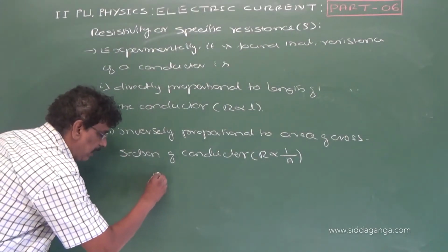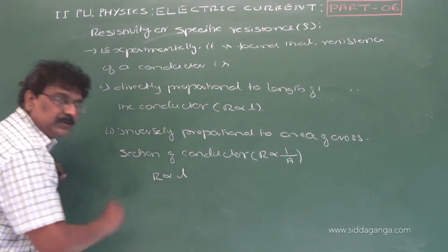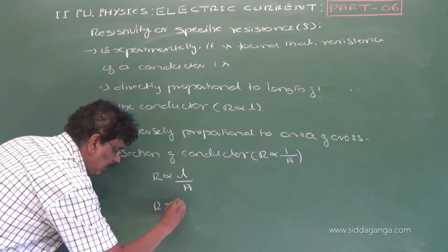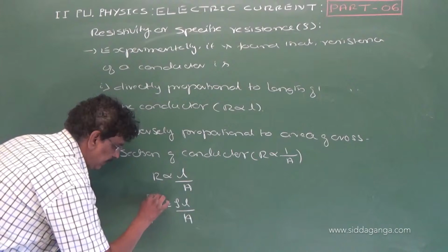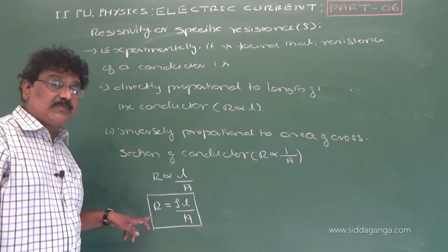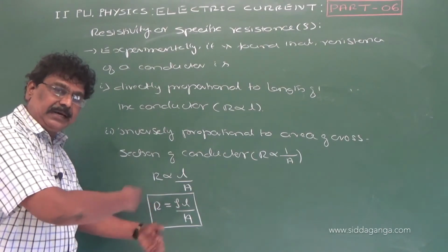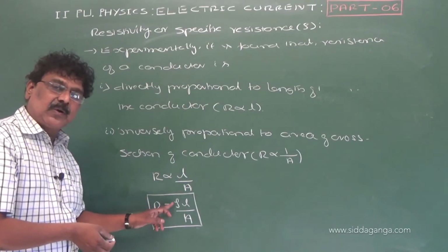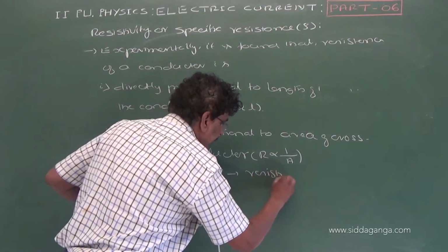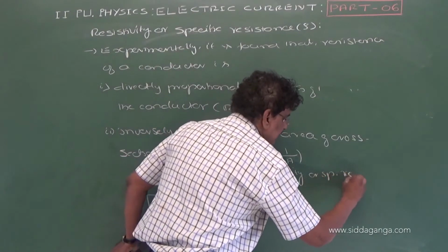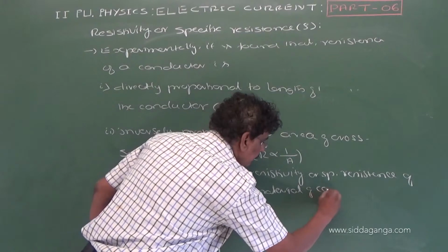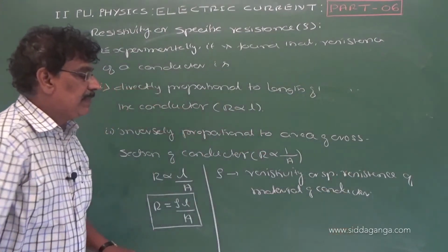Now mathematically, R is directly proportional to length and inversely proportional to area of cross section, or R is equal to rho into L by A. Actually, we derived the same equation while deriving Ohm's law, where R is equal to rho L by A, but experimentally also we get R is equal to rho L by A. Here rho is called resistivity or specific resistance of the material of the conductor.